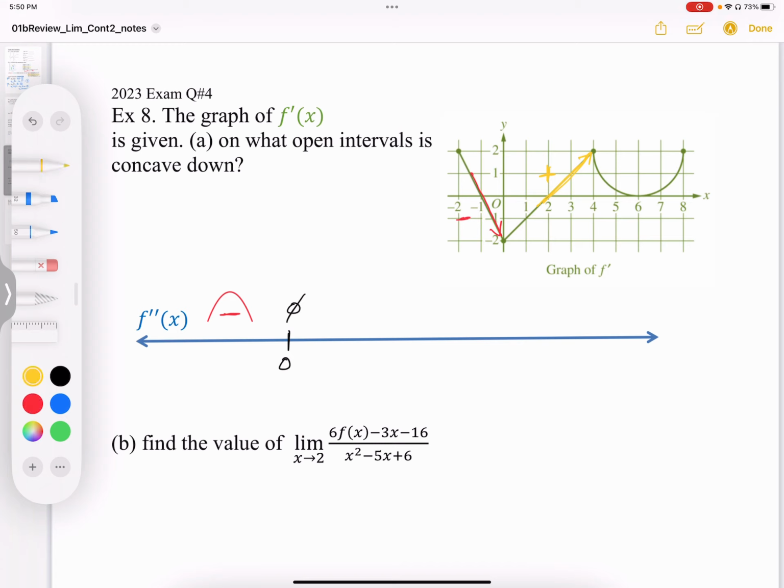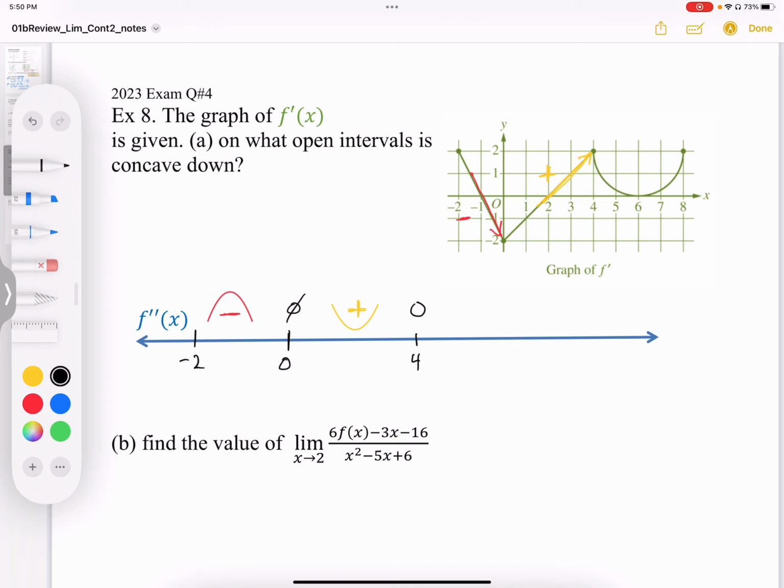On the other side, we know it's sloping up, so it has positive concavity on that side. So it has negative concavity from, it looks like -2 is the end point, -2 to 0.